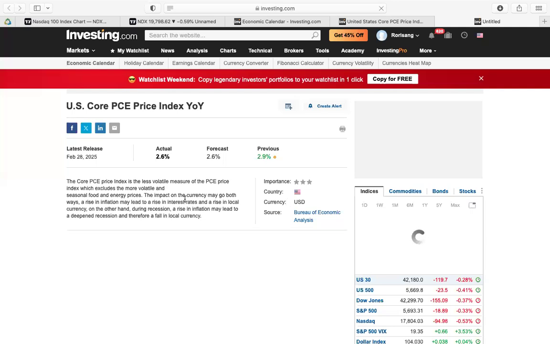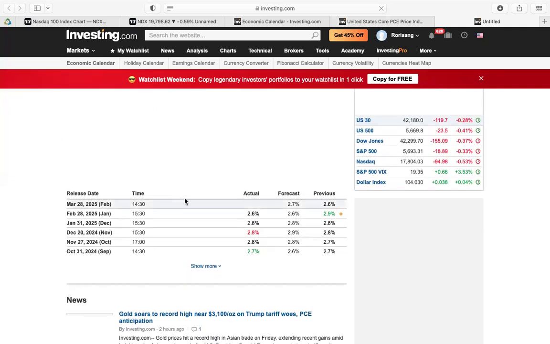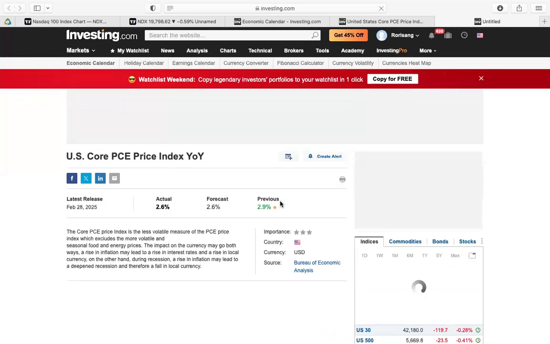Let's go down and check. Our forecast is bigger than the previous. So when the forecast is bigger than previous, what do you think is going to happen, guys? We have a nice statement.